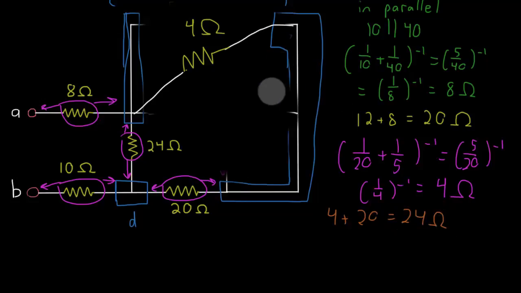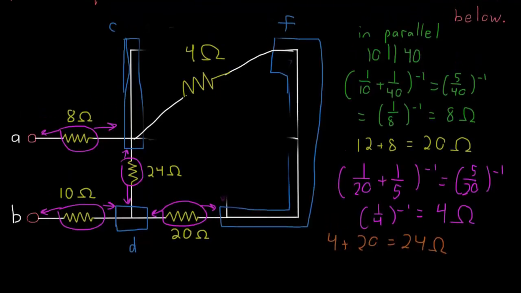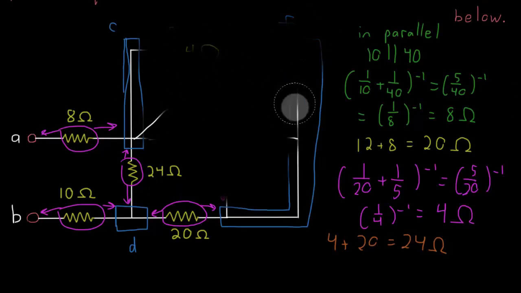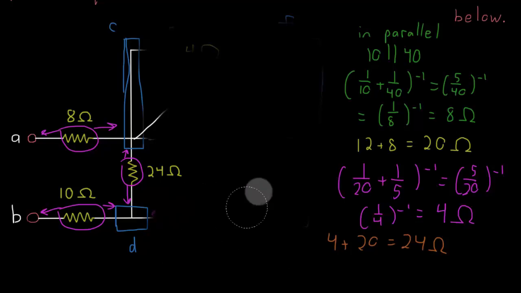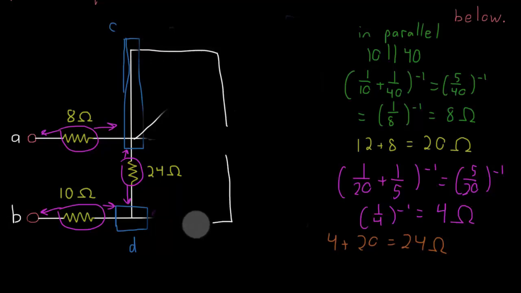And as usual, we can just delete the node in between and connect it, in this case, from node C to node D. So let's erase again. Now we don't need this node F anymore. So now let's connect these two resistors.